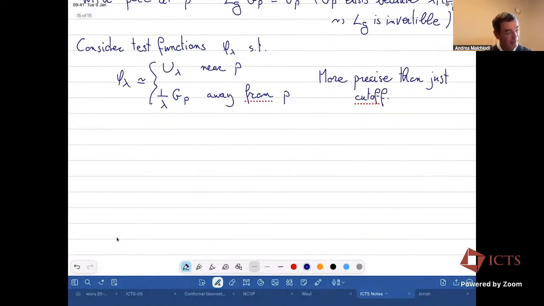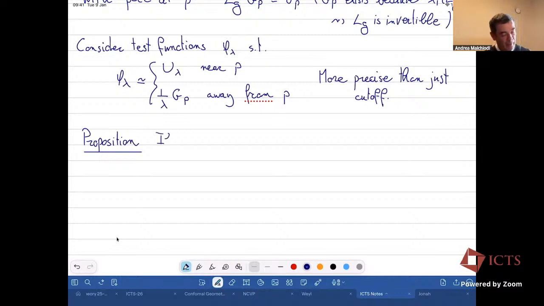Okay, and there is this proposition: the Green's function has an effect in the expansion of the Yamabe energy.